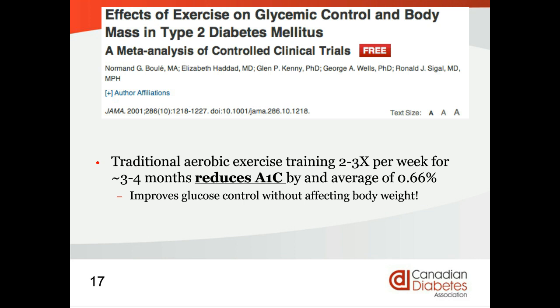And that should be taken as an encouragement. I know lots of people exercise with the goal of losing weight, but if you can shift that goal to say, I'm exercising because it benefits my sugars, you can be confident that that's going to benefit you even if you don't lose weight.